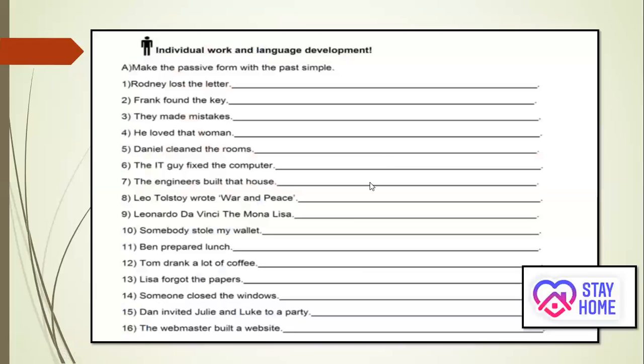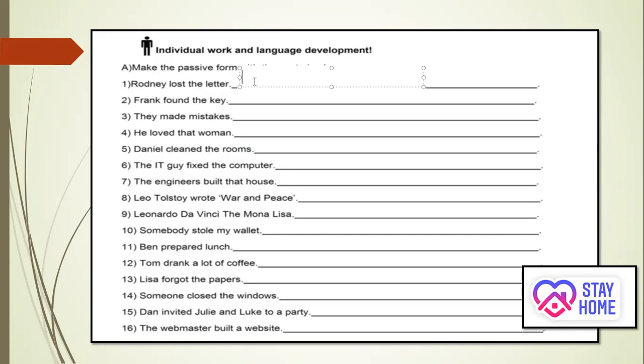Now, we have here some examples, and I will include the test, right? In the instruction, it says make the passive form with the past simple. Now we're going to do it like this. We have Ronnie lost the letter.